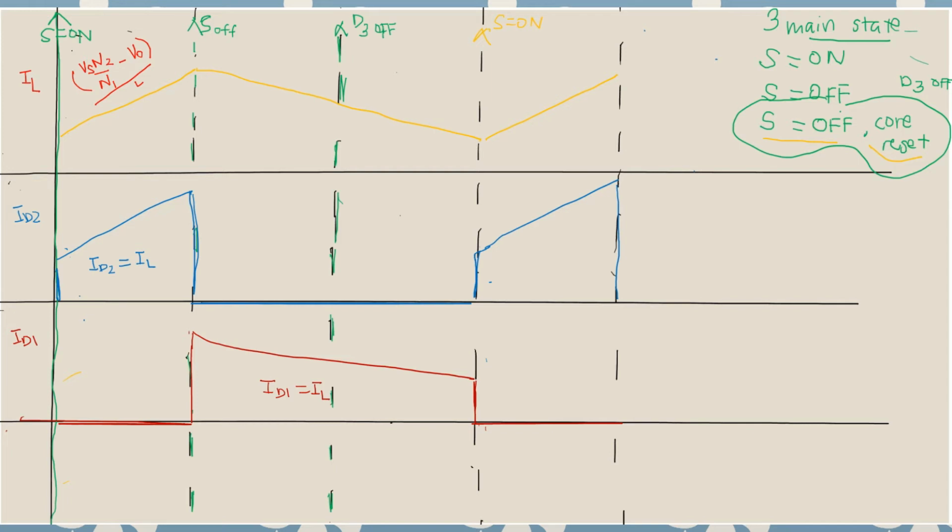Okay, so let's see another waveform, for example, I switch. IS is also called the switching current.